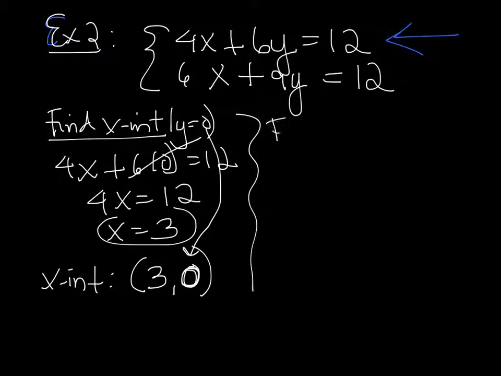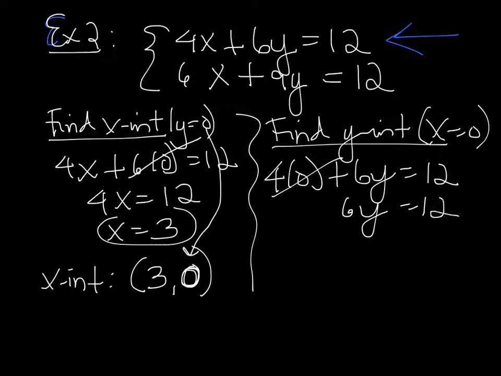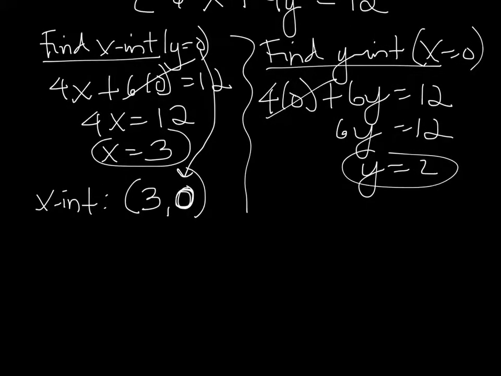Okay, so let's find the y-intercept, which means I'm going to let x be 0. So 4 times 0 plus 6y equals 12. Again, that's gone. 6 times what is 12? It's definitely 2.